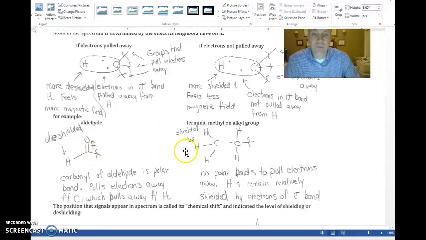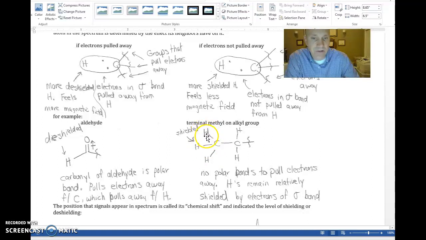An opposite case would be something like the terminal methyl group on an alkyl group. Let's say that we just have a chain of carbons, and at the very end of it, we've got this methyl group. If you look at the types of bonds in this molecule, there aren't a lot of polar bonds. There's not a whole lot that is going to be pulling electrons away from this carbon. So there's going to be nothing pulling any electrons away from these bonds right here.